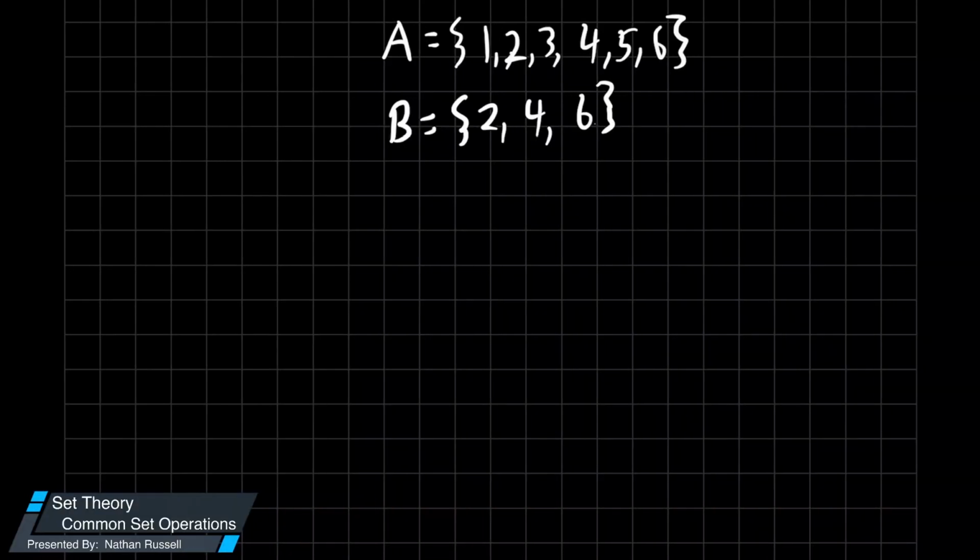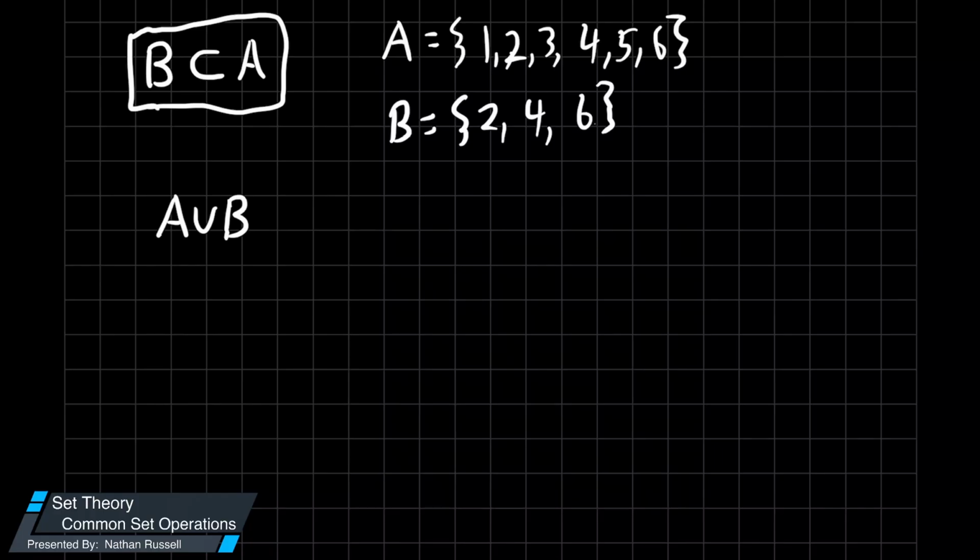Sometimes set operations can appear somewhat inert or degenerate whenever we take a set and apply the operation on one of the set's subsets. And notice very clearly that B is a subset of A, and this is the classic way of writing it. Well, the union of A and B, that would be where we effectively do what? Combine the elements of A and B, and then we don't have duplicates.